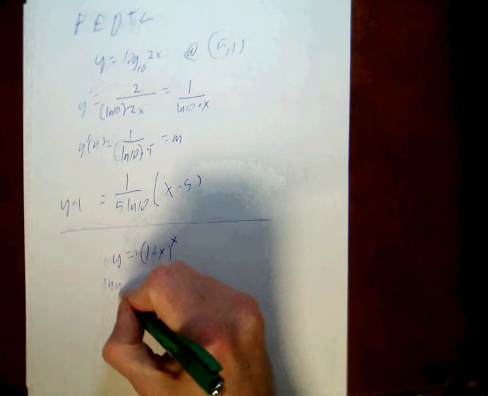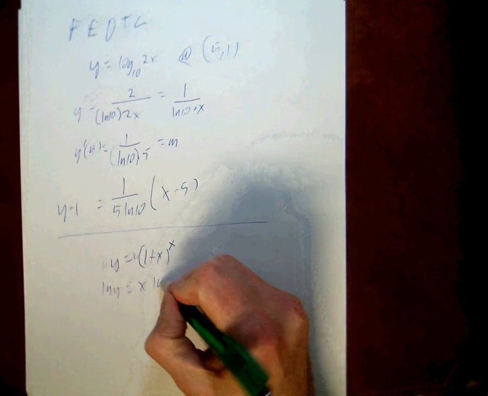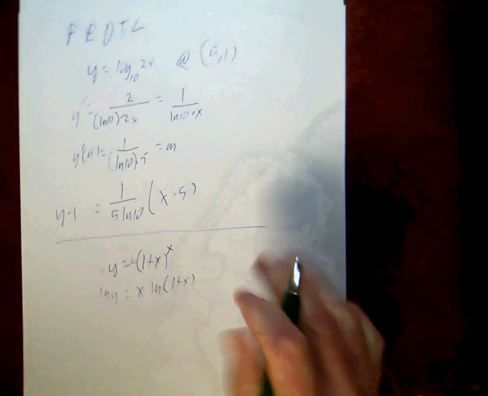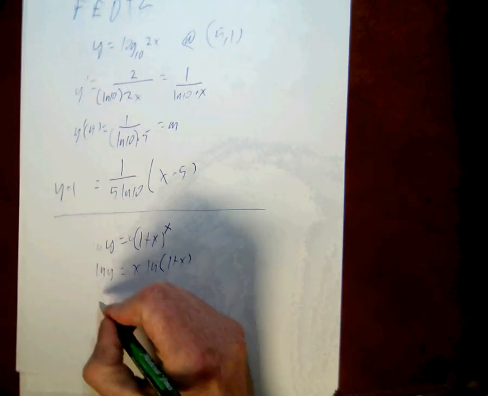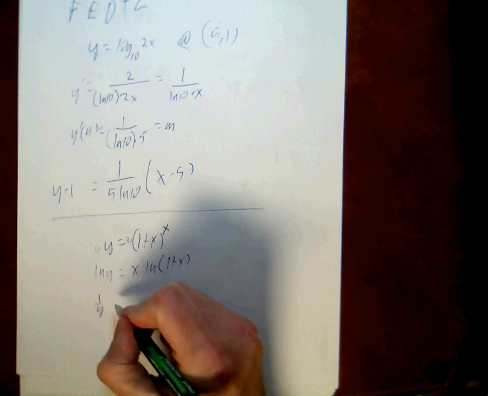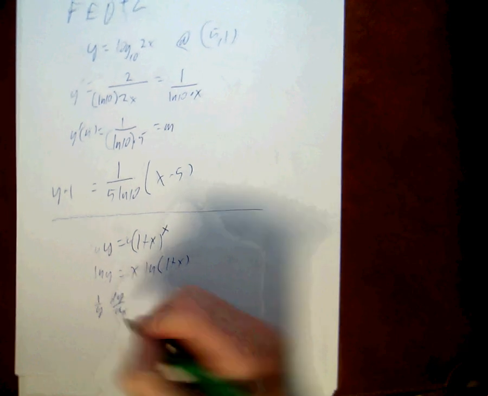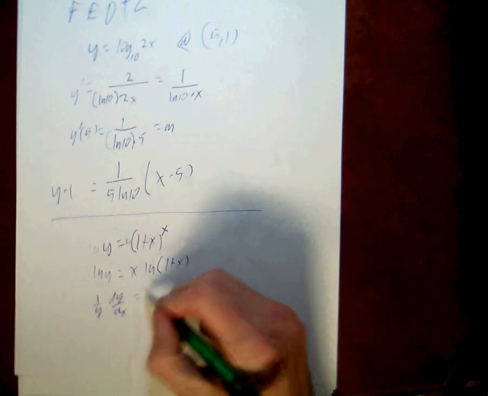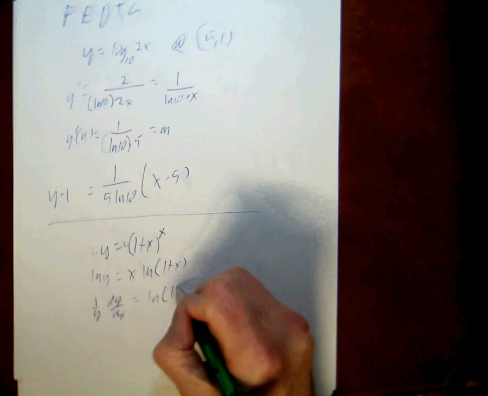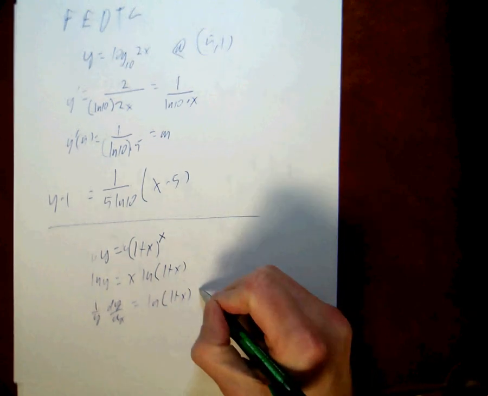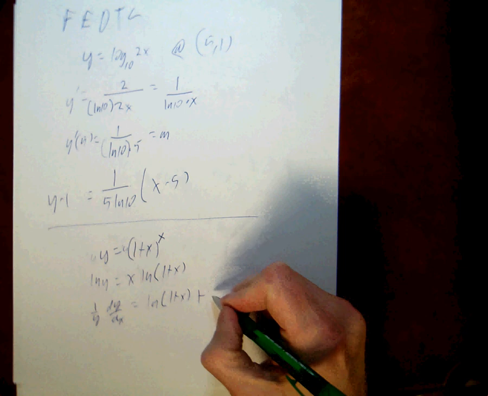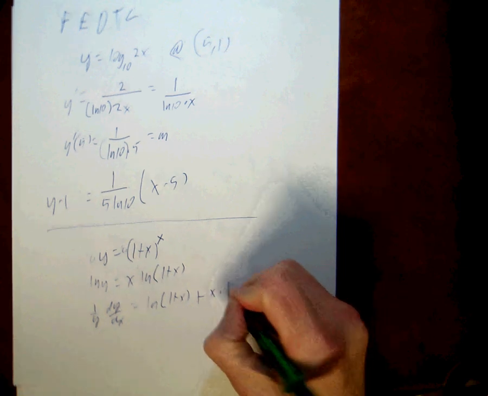I get natural log of y equals x natural log of 1 plus x. Derivative of this ends up being 1 over y, dy dx. I got to use the product rule, so that's going to give me natural log of 1 plus x plus x times 1 over x plus 1.